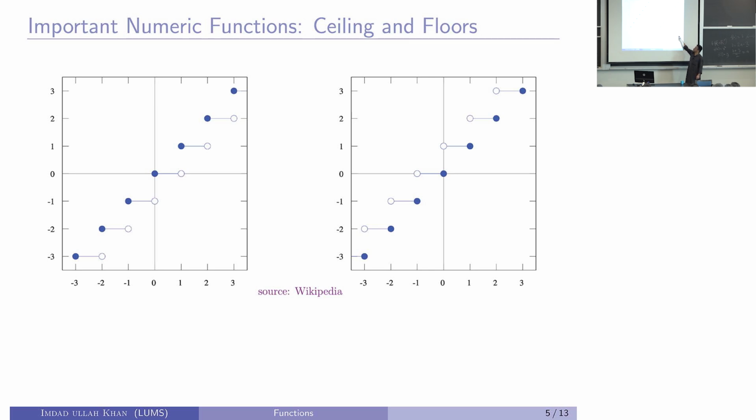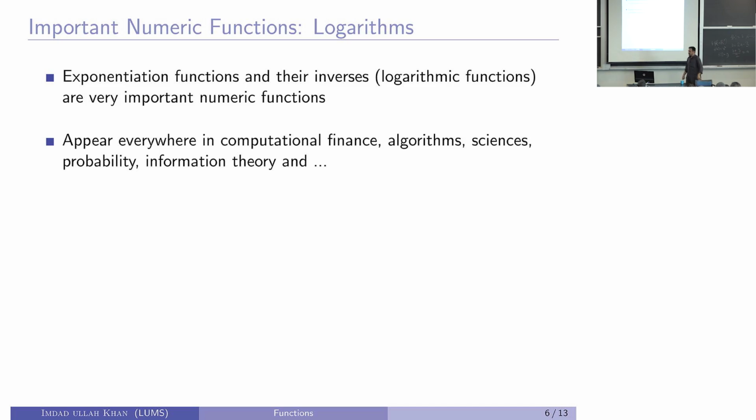What is the ceiling of 2.9? What is the ceiling of 2.95? Still 3. For all values in this interval, the answer is 3. This is how the plot is. I got this from Wikipedia, and similarly the floor. So you know the stuff.